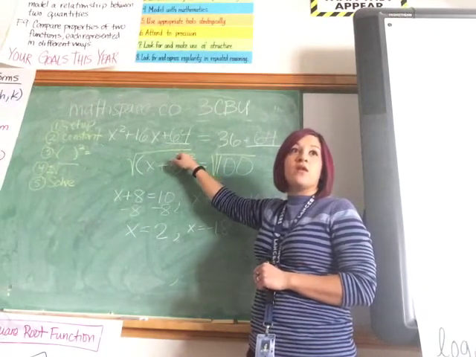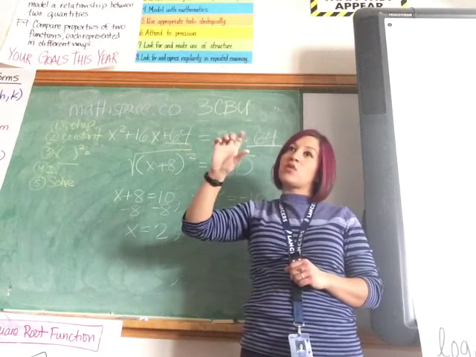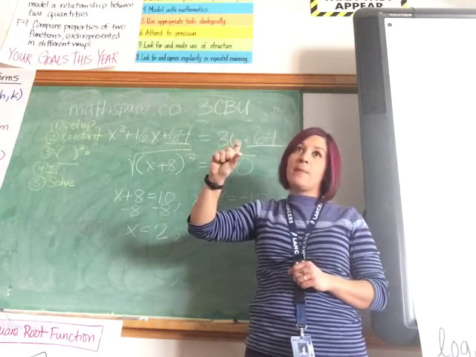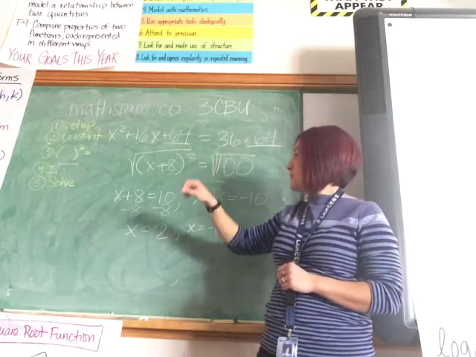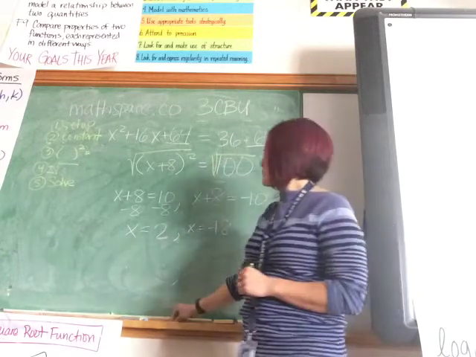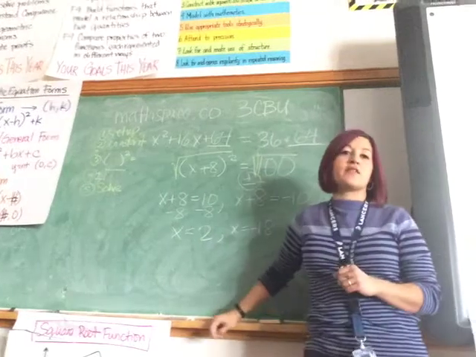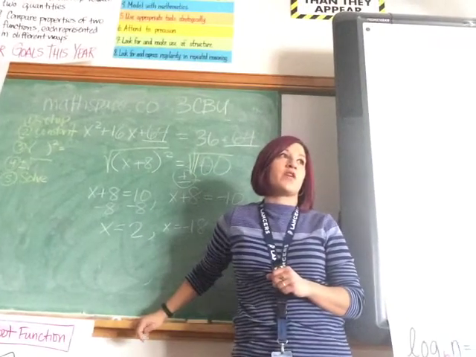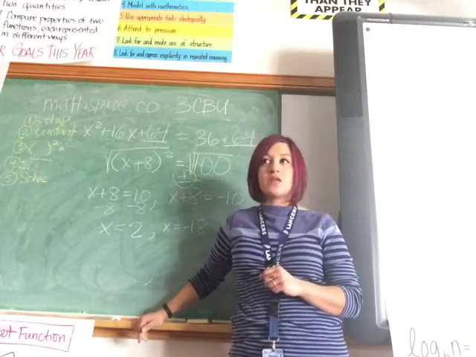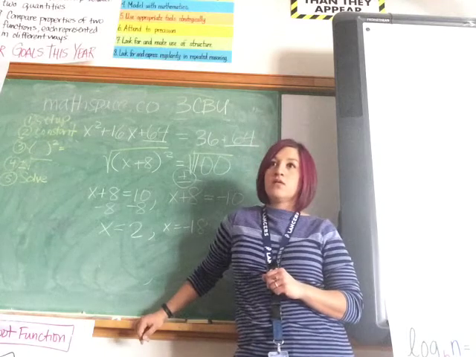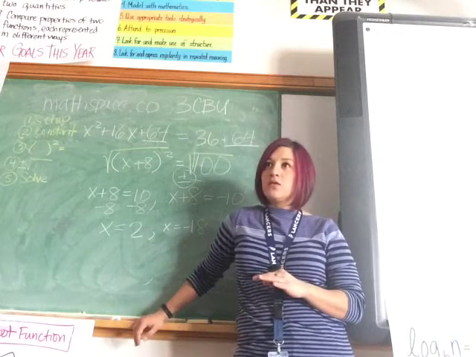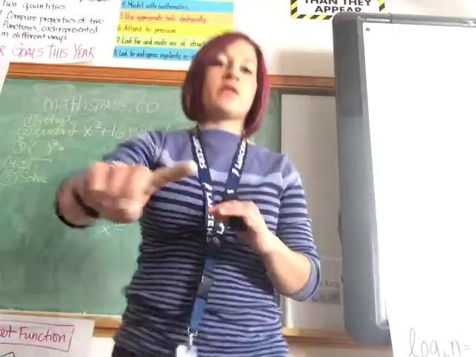What's the little bit of difference from Unit 5? Considering the positive and negative solutions is something you have to be more careful with in this unit than you did in Unit 5. Does that make sense? All right, so I'm going to stop this.